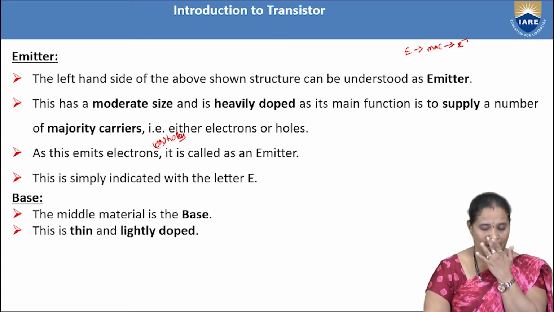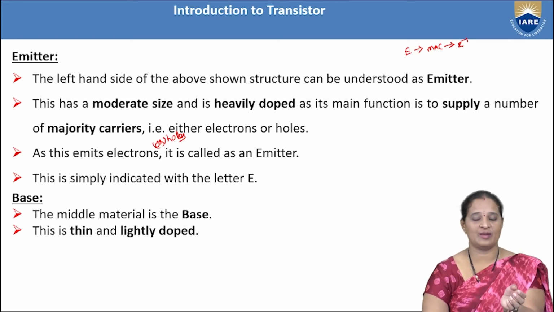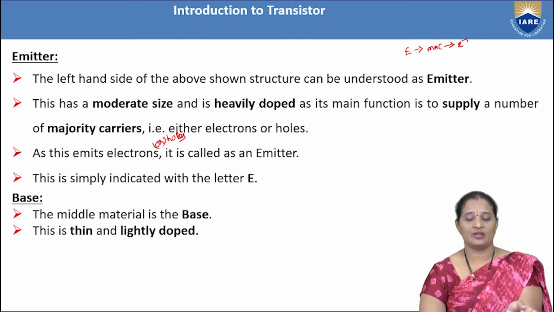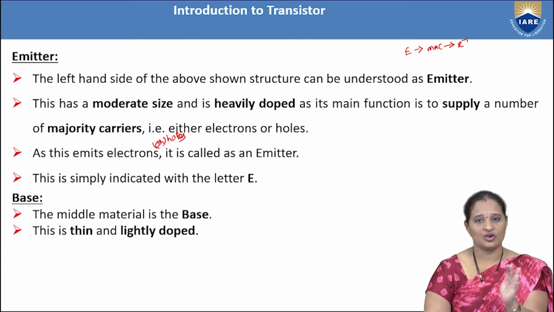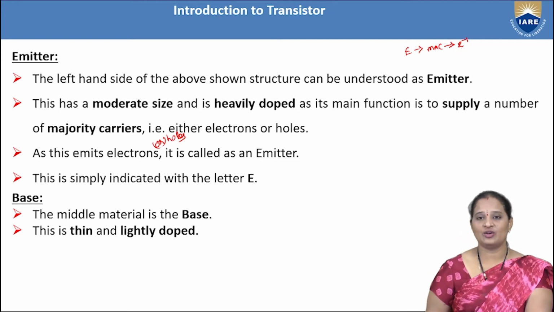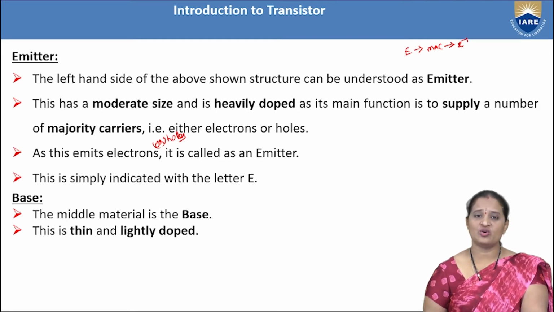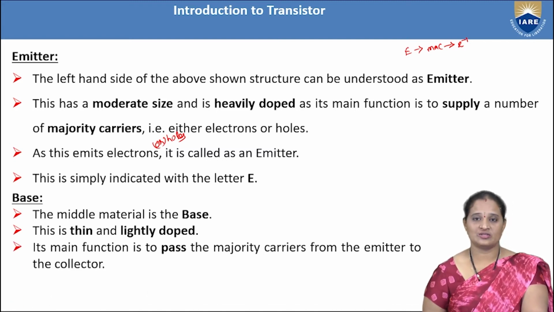As I told you, emitter is heavily doped and the size of the emitter is moderate, that means neither thick nor thin. But here the base terminal is very thin. It is also lightly doped. Lightly doped means the number of majority charge carriers will be less because we are adding fewer impurities, so that it creates fewer majority charge carriers.